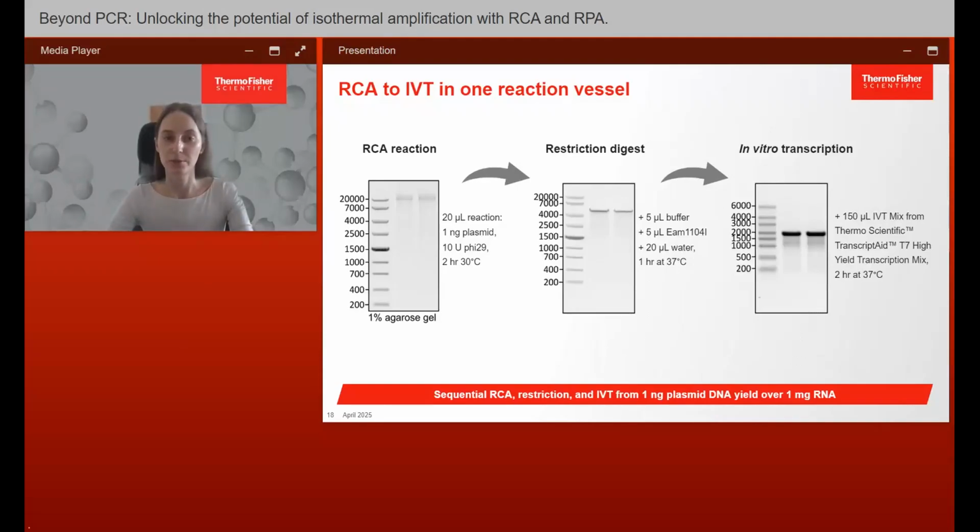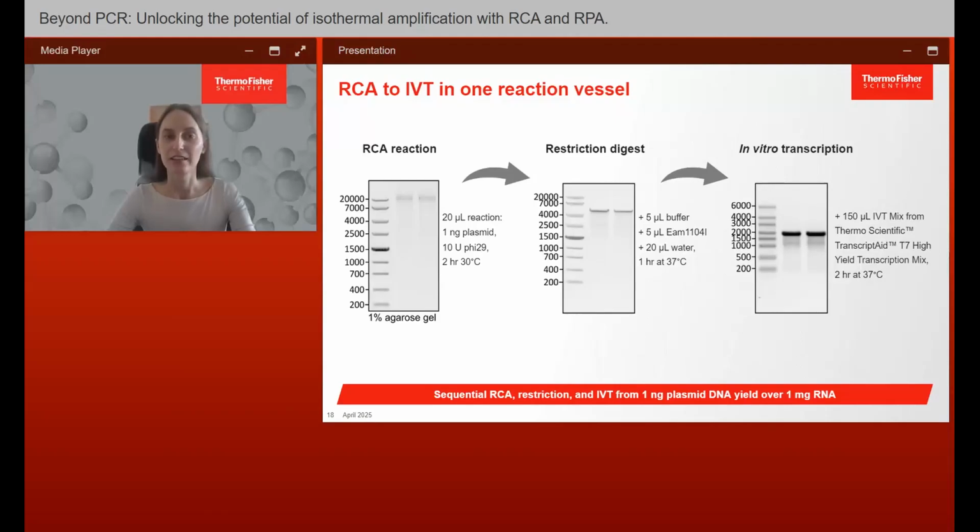This sequential process, RCA, digestion, and IVT, from just 1 nanogram of plasmid DNA can yield over 1 milligram of RNA. In comparison, to achieve the same RNA yield with a purified plasmid template, you would require 10 micrograms of that plasmid input. So it reduces the amount of required template.